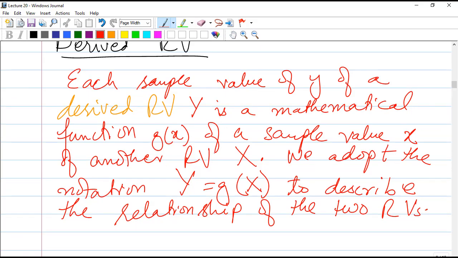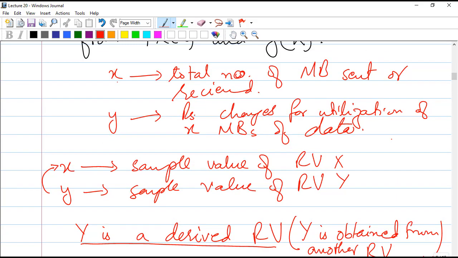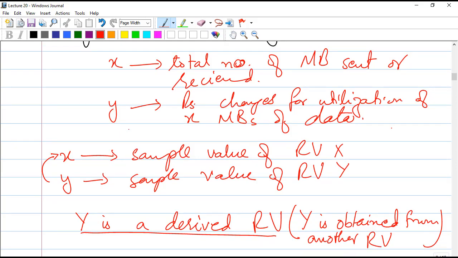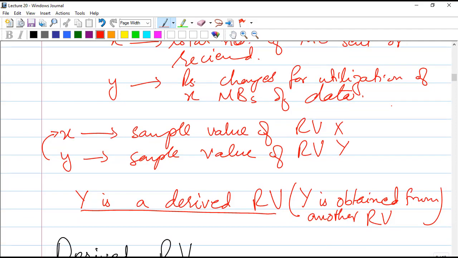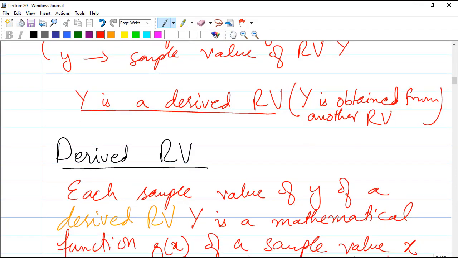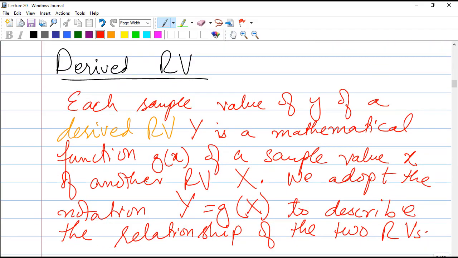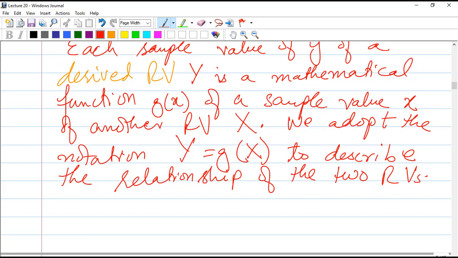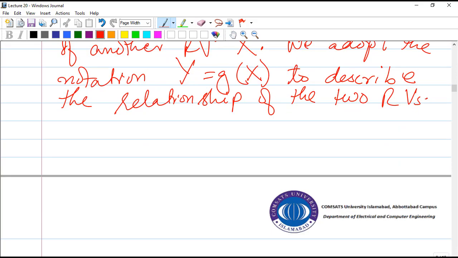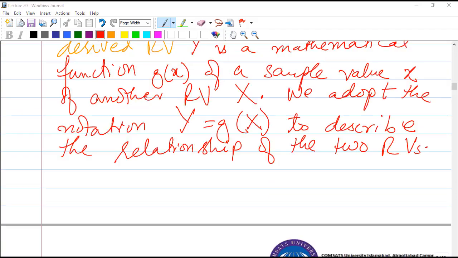Just like in the previous example, x is the amount of data we are using, and y is the charges based on the data we have utilized for a month or a week, whatever we have set our data plan. So y is a derived random variable because it has been derived from another random variable x. We have to define that mathematical function to obtain the derived random variable y.